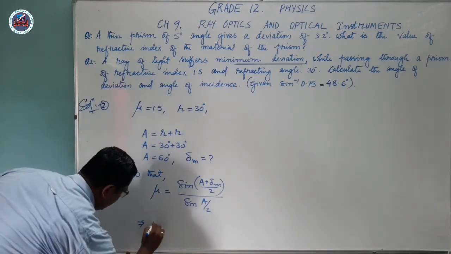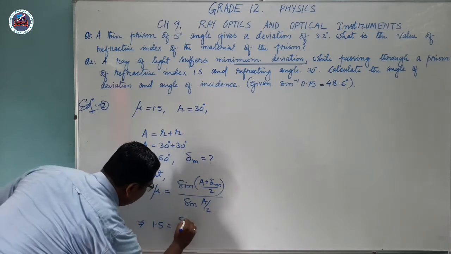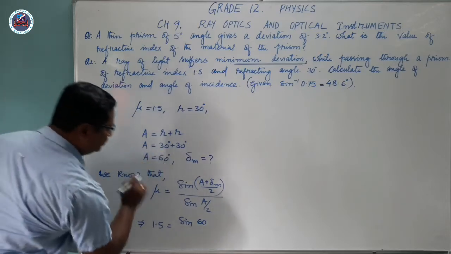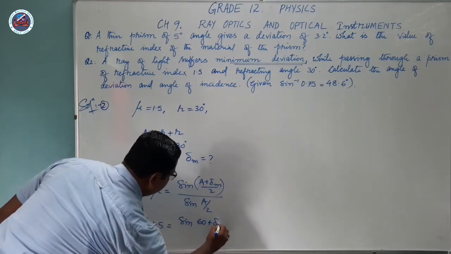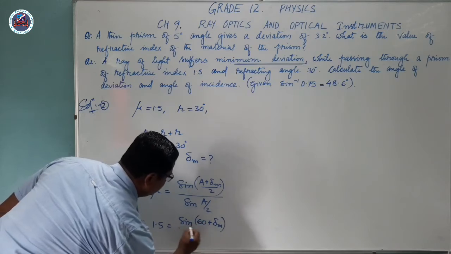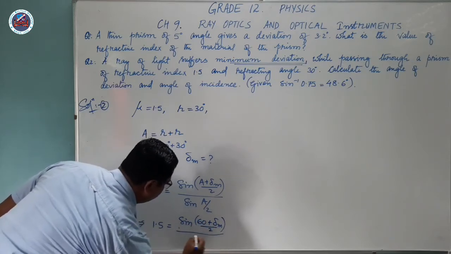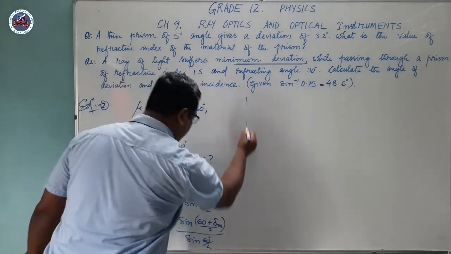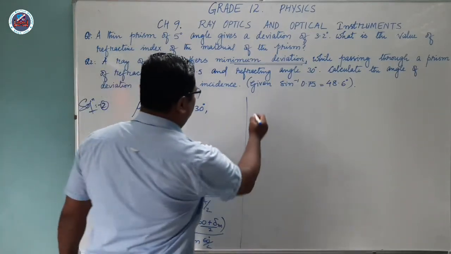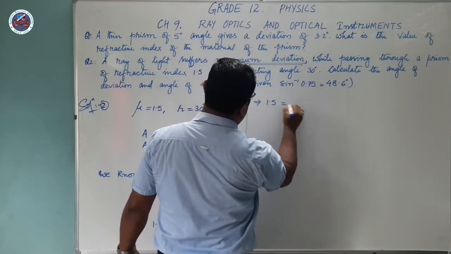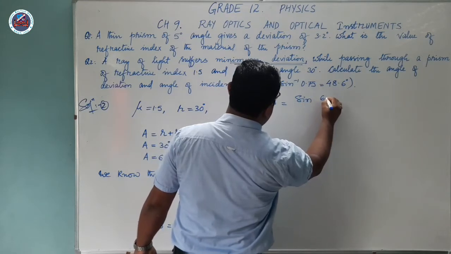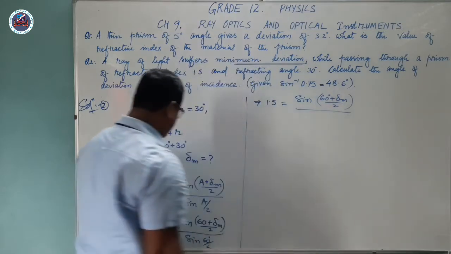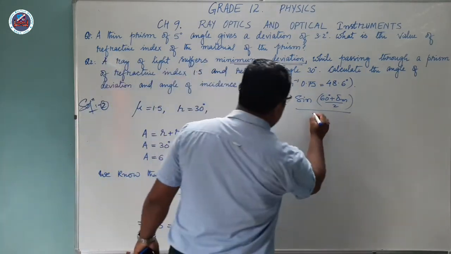This will give us 1.5 is equal to sin of (60 degree plus angle of minimum deviation) divided by 2, the whole thing divided by sin 60 degree divided by 2. So the next step, 1.5 is equal to sin (60 plus del m) divided by 2, divided by sin 30 degree. 60 by 2 is 30 degree.